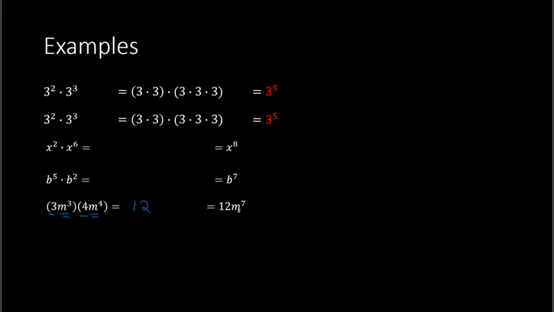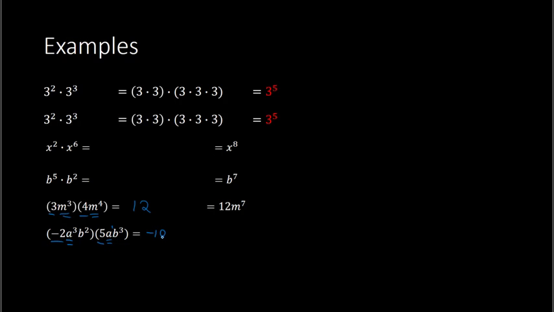Now what if you throw in numbers plus multiple different variables? So same idea. We look at the numbers, negative 2 times 5, and that gives me negative 10. Look at the a's. We have 3 a's times, here it's an assumed 1. We have 1a, a to the 1st power.